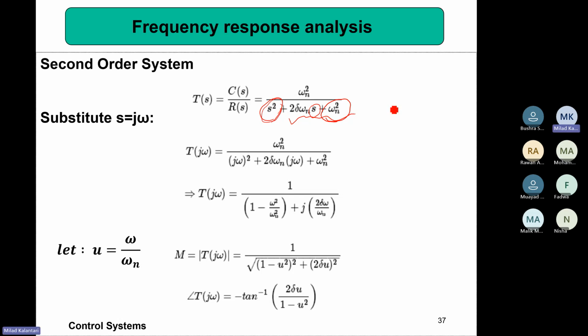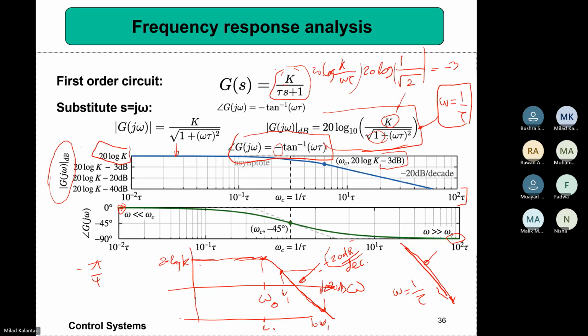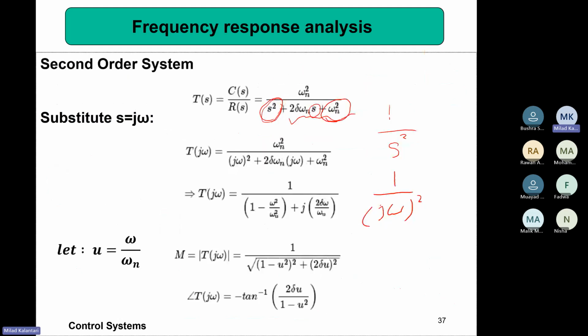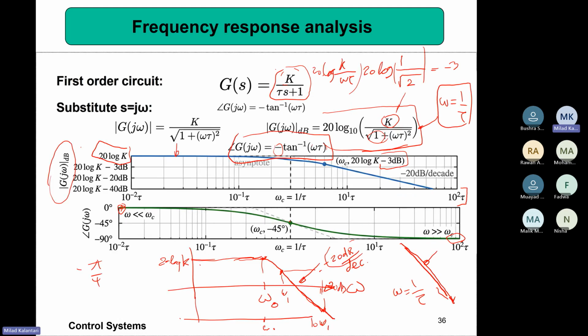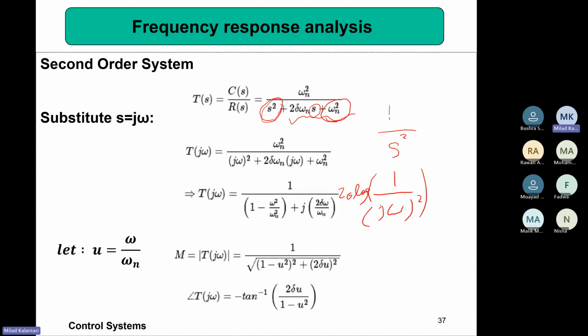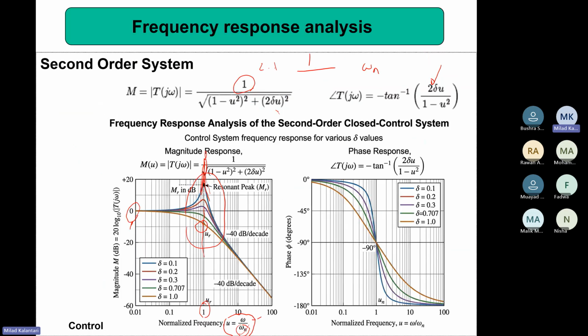Basically, the system will act like s squared, or j omega squared, right? And then if you take the 20 log of this to find the amplitude, it is similar to here. Here it was dropping 20 dB per decade, but since this is second order, the drop is sharper, 2 times, 40 dB per decade.